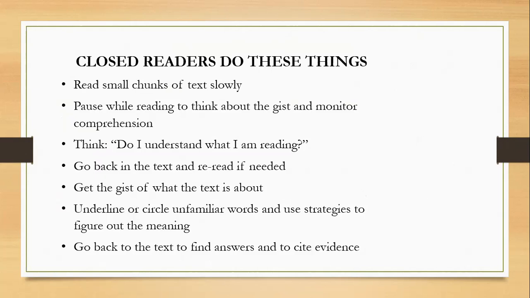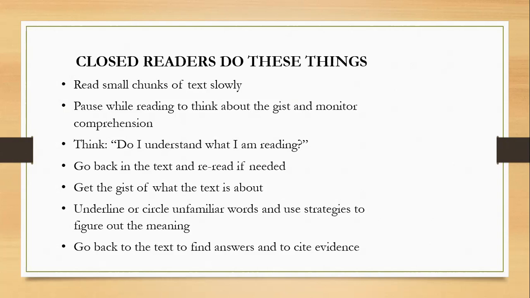We will review some of the things that closed readers do before they actually start reading. Number one, read small chunks of text slowly. Number two, pause while reading to think about the gist and monitor comprehension. Number three, think, do I understand what I'm reading?